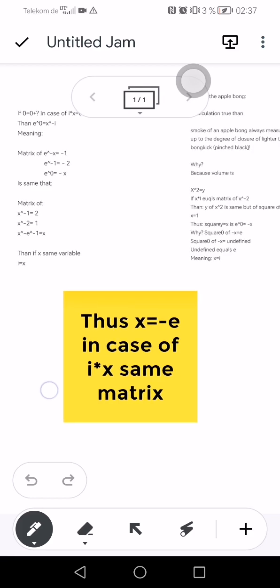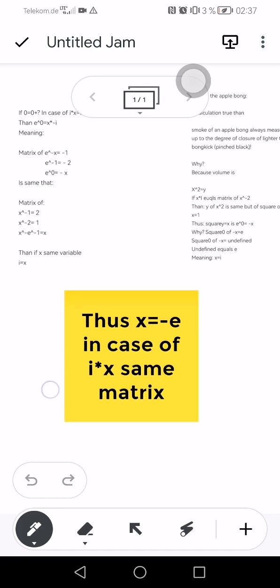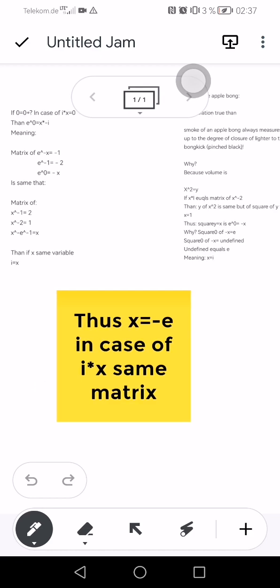That you do 2 times, and then you have 3 minus 2 equals 1. And 1 is equal to 1. And if that holds true in two matrices, I must at least if equal x has some value in case of defined.